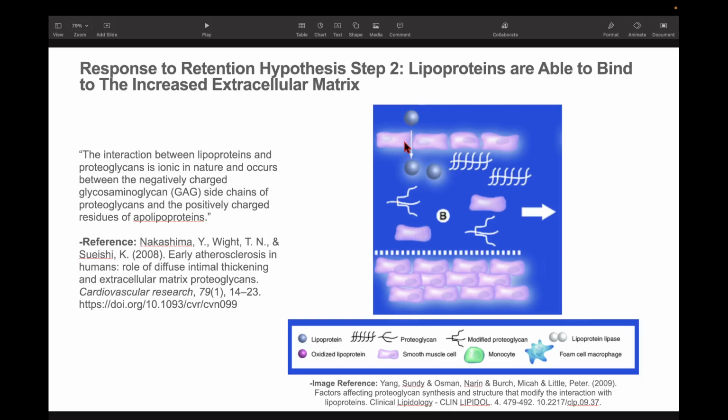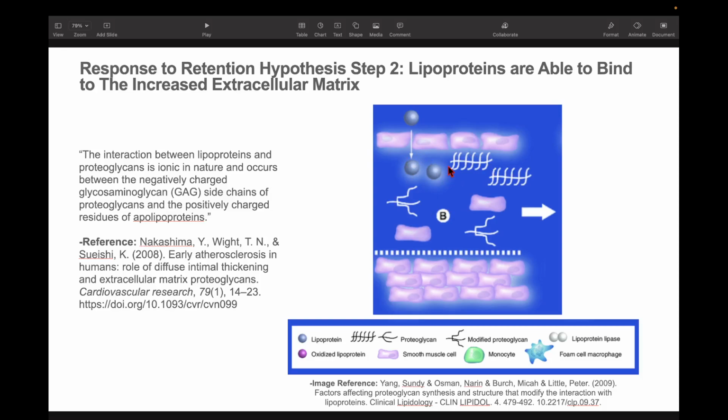That's the more atherogenic one that people are familiar with. And then you have it moving into the wall. It's kind of triggering this increased production of these proteoglycans. Those, again, are like that fiberglass insulation inside the arterial wall that can hold these lipids now.